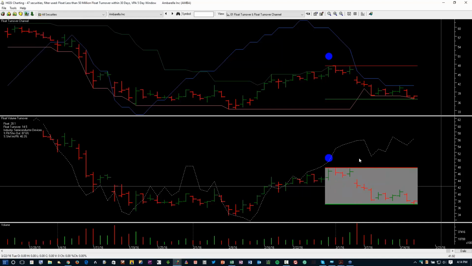So how can we use this thing? Well, I like the turnover concept, because rather than looking at just a bunch of bars or candles, whatever you're using in your chart, we have a good idea of when the volume was enough to turn the entire float over. That means that there is new ownership in a stock.